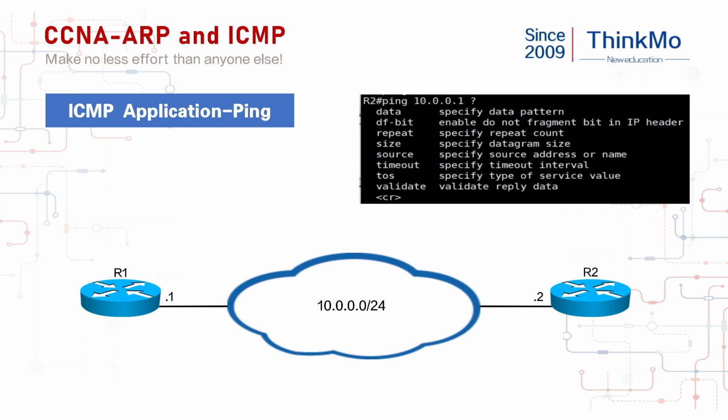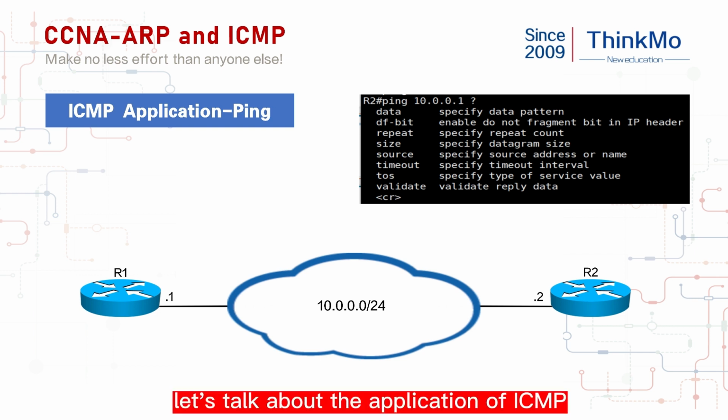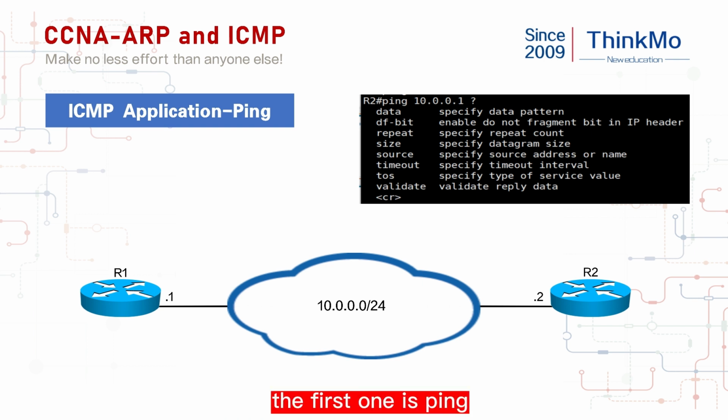Next, let's talk about the application of ICMP. ICMP has two major applications. The first one is ping. For ping, every time you send a ping, it sends an ICMP packet. Under normal conditions, when you ping the peer on the device, it will send 5 packets at a time.